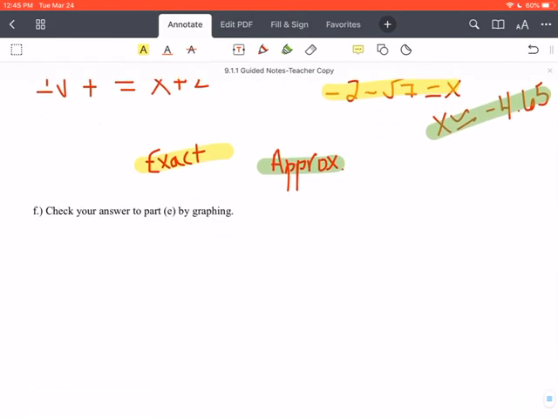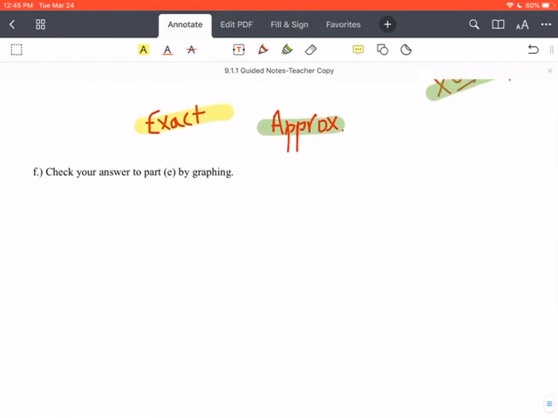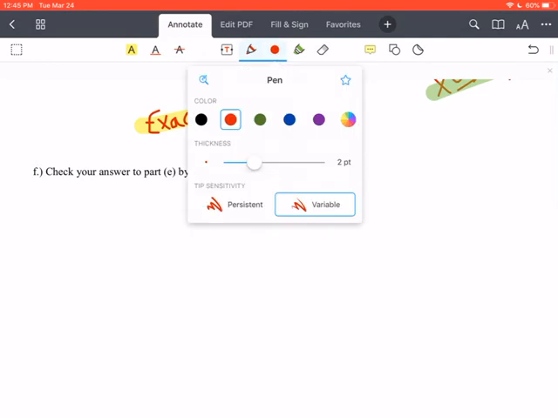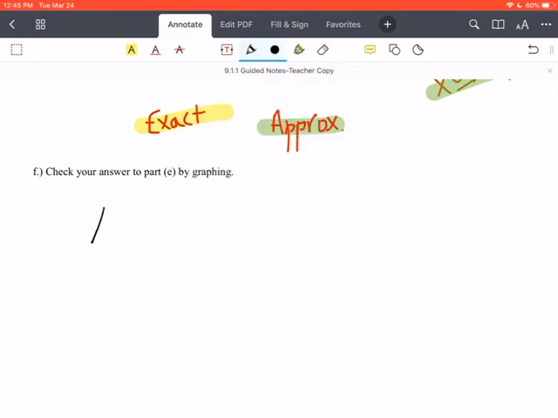So the final question is checking using our graphing calculator. We are going to think one more time about, if we have a graphing calculator handy, how are we going to look for the solutions to the equation x squared plus 4x minus 5 equals -2?